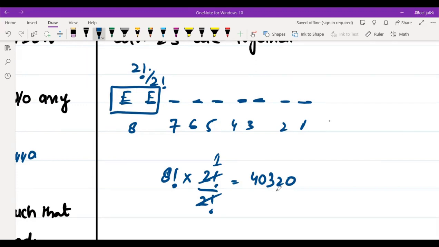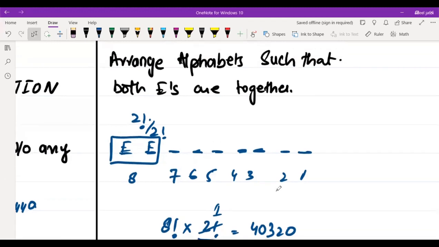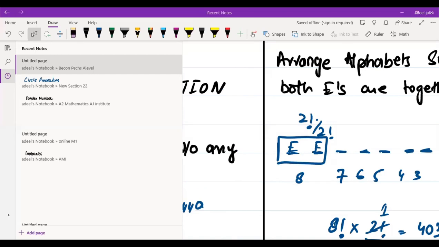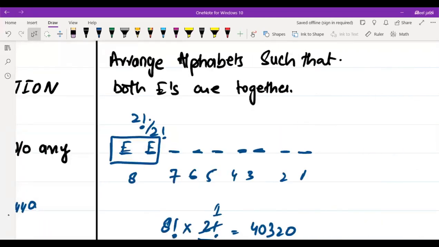Considering the same thing, let's just work this out again. If I say that we need to have the 2 E's together, what we need to do is we need to have 2 E's in the block. So if I want to place 2 E's in the block, we make sure we write down 2 E's together. Now placing 2 E's together, we'll have the movement as well.